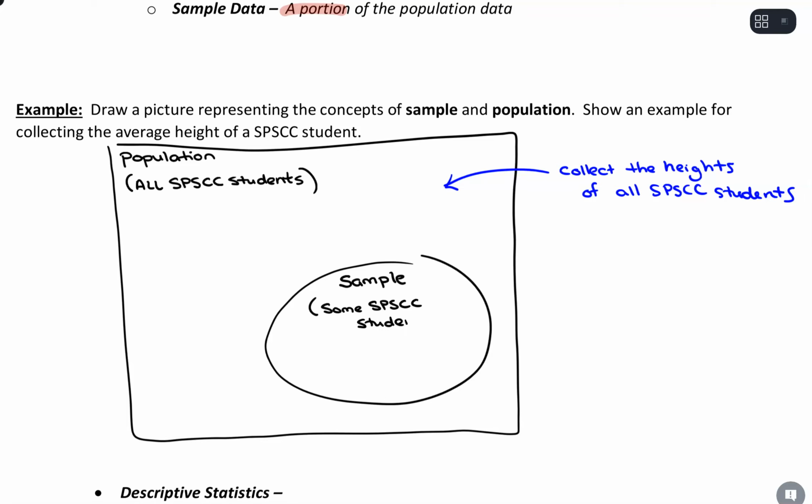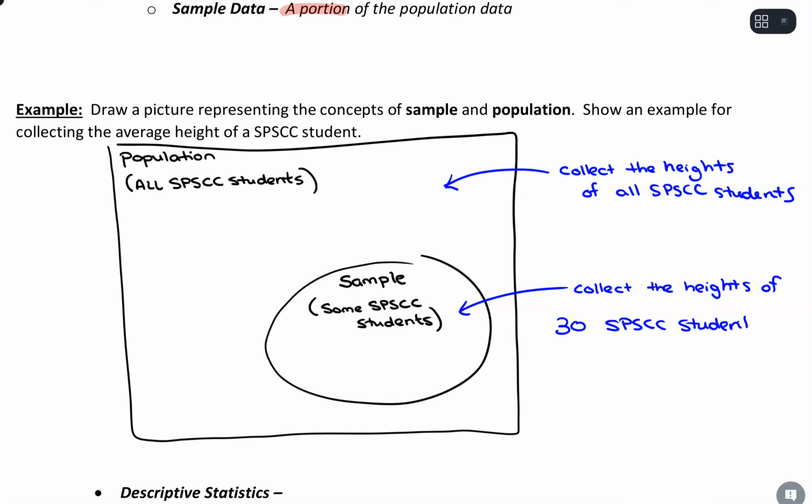It would be up to the researcher to decide how many people. This would be their sample size. So let's say I decided to collect 30 students. Let's say we collect the heights of 30 SPSCC students.